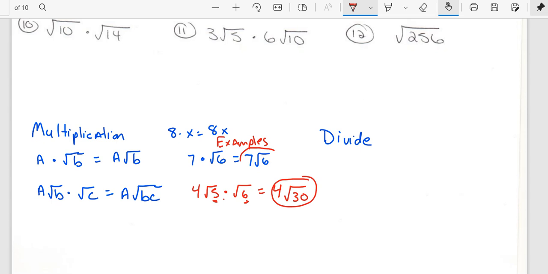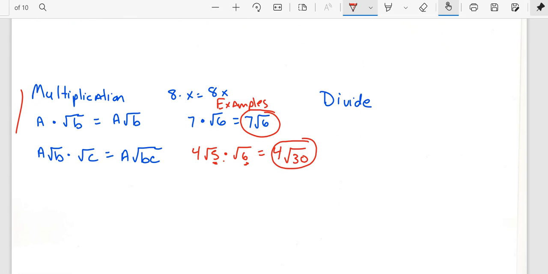All right. Next example will be if we had something like a root b times c. In this case, the c is not under the radical, so we can multiply the a and the c, but the b would remain under the radical by itself.